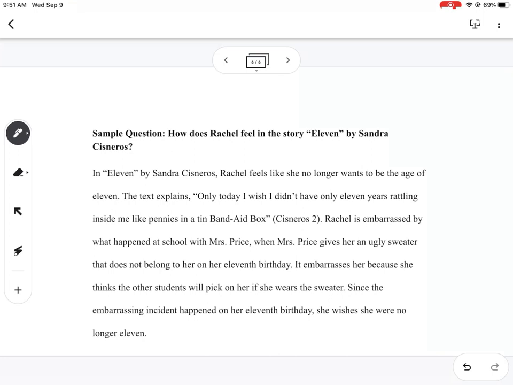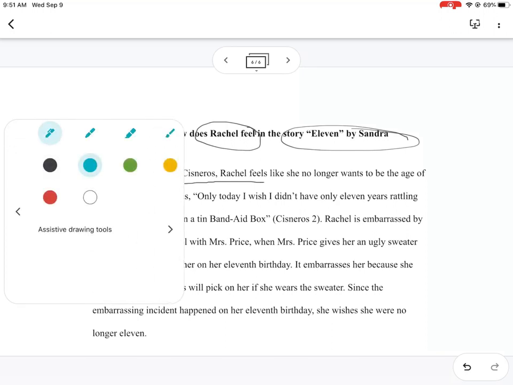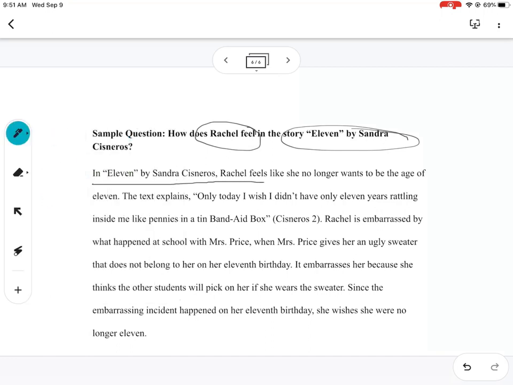So let's break this down. So the first thing you have for a TAICE paragraph is turning the question around. And this very first part, in 11 by Sandra Cisneros, Rachel feels, is a really great example of turning the question around because it's focusing on what does Rachel feel, and then in the story 11 by Sandra Cisneros. Then our author answers our question.